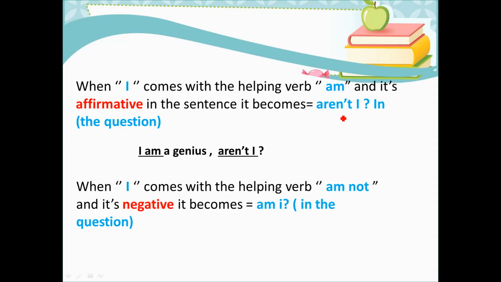But when I comes with the helping verb am not and it is negative, it becomes am I in the question. إذا جاءت I في الجملة ومعها الفعل المساعد am ولكن منفي فالسؤال يكون am I وليس aren't I. على سبيل المثال I am not an idiot, am I?